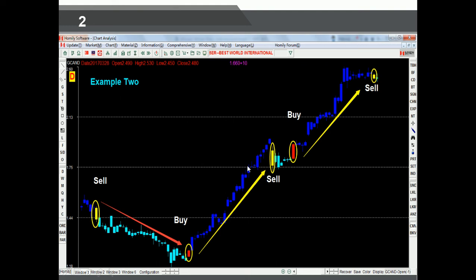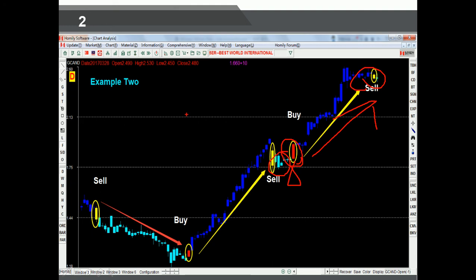Then the light blue means only hold money. Then the candlestick becomes red again. You need to buy again and then hold, and here sell. So this is how to make a safe trade and how to buy low and sell high.